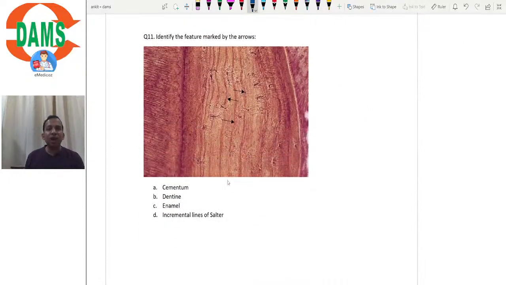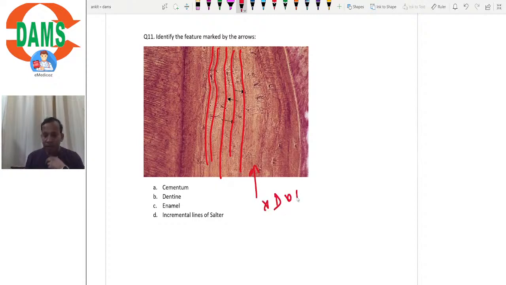Identify the feature marked by the arrows. You can see some lines here. Now looking at the options, cementum, enamel, dentine and incremental lines of Salter, we can clearly say that this tissue definitely is not dentine and it is not enamel.